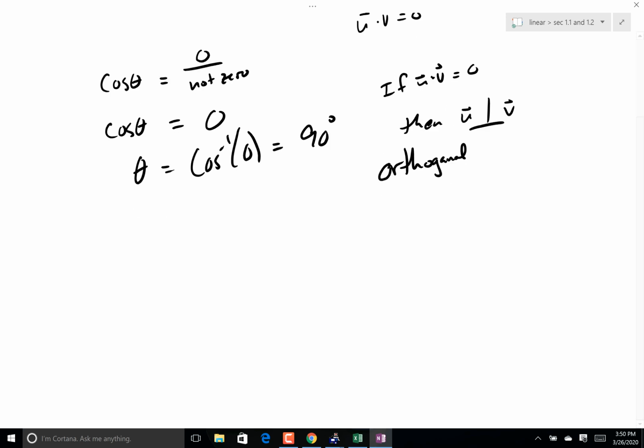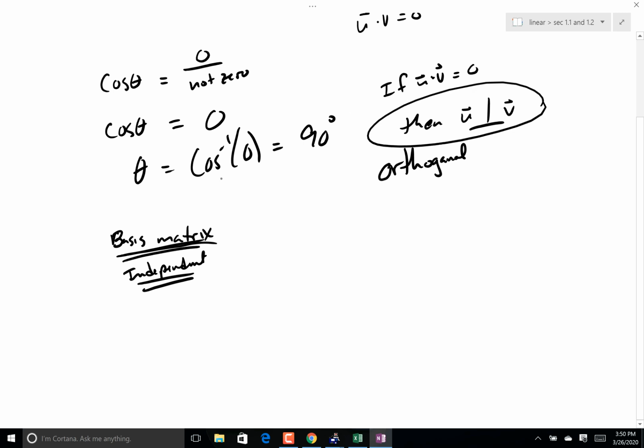Later on, we start talking about basis matrices. You don't even know this right now, but we start talking about a basis matrix, and we start talking about independent vectors. If they're truly independent, then they will A, create a basis matrix, and then B, they will be orthogonal to one another.